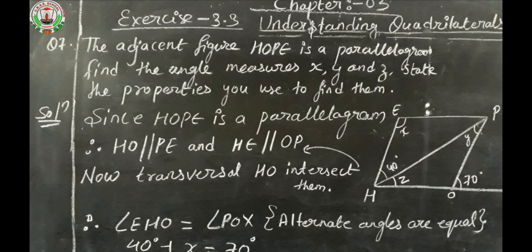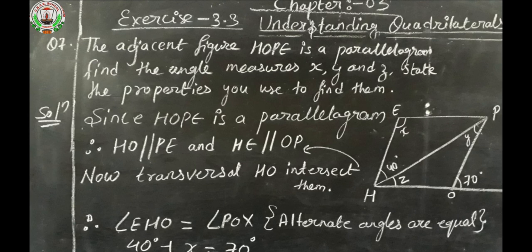Okay, so here is the parallelogram. The name of the parallelogram is given as HOPE. You have to find the values of x, y and z, and also you have to state which property you are using to solve this question.